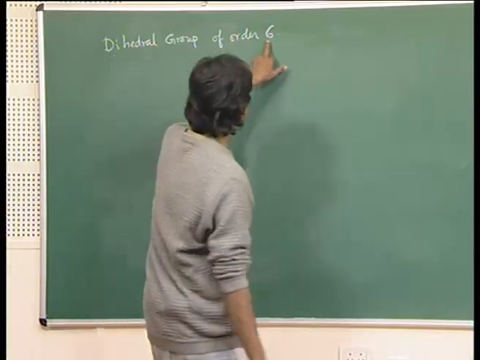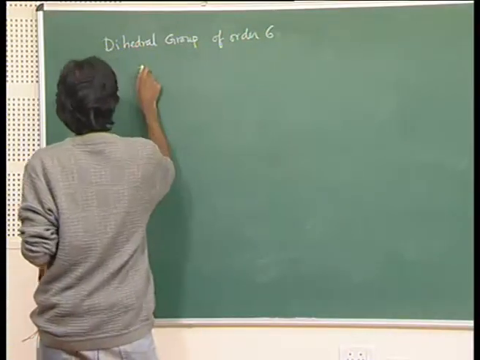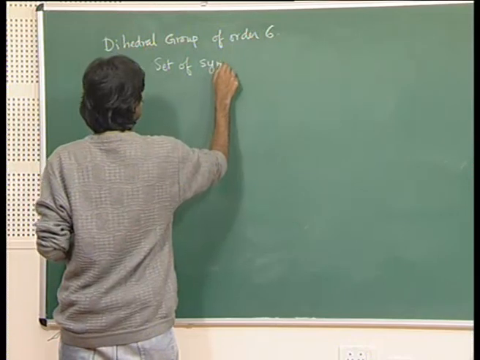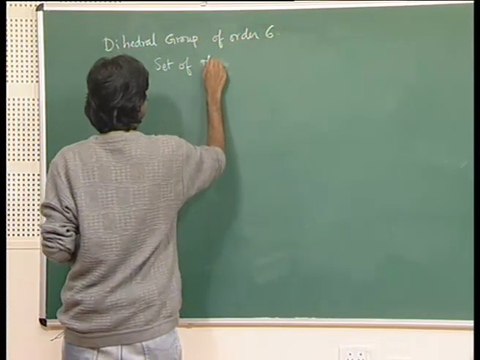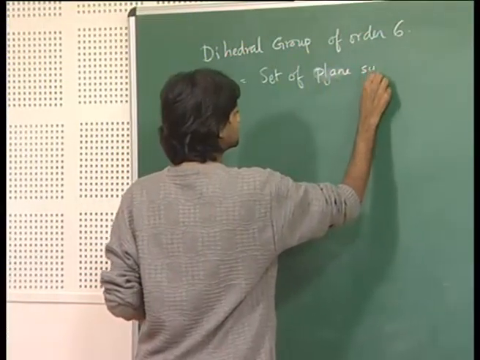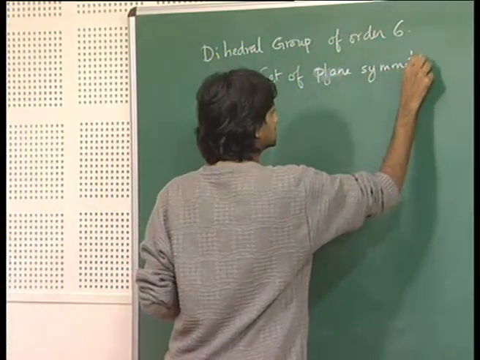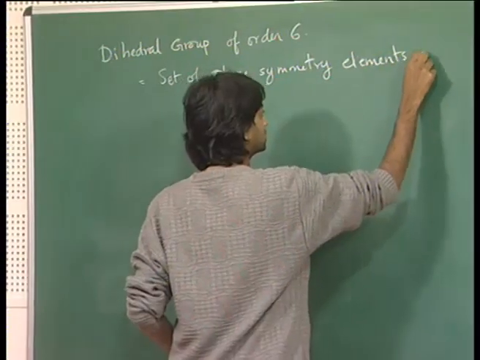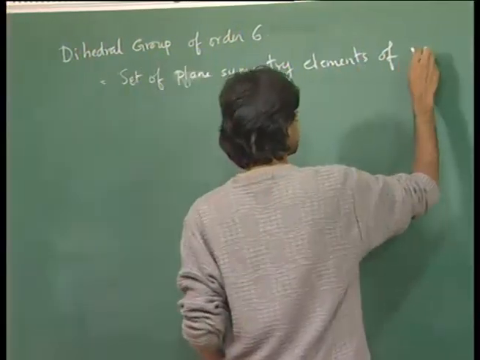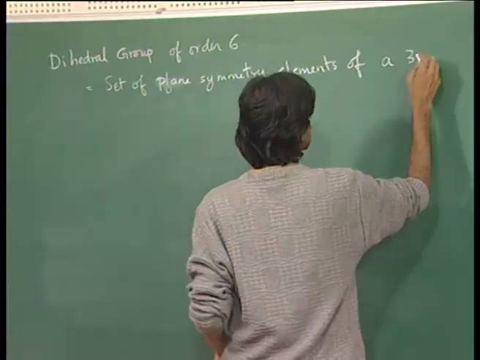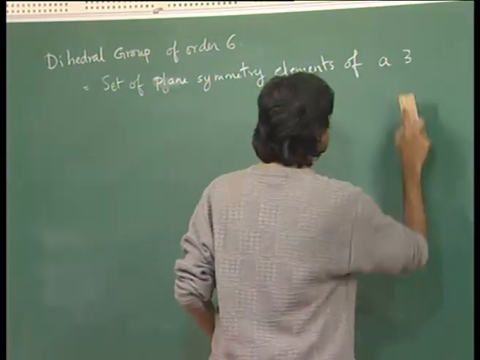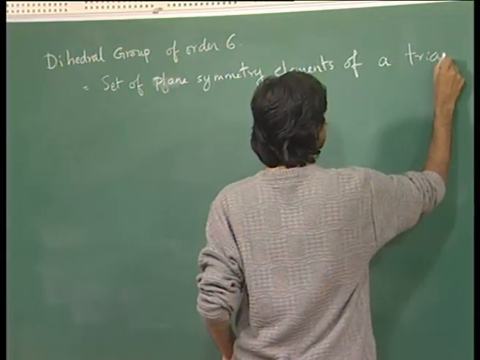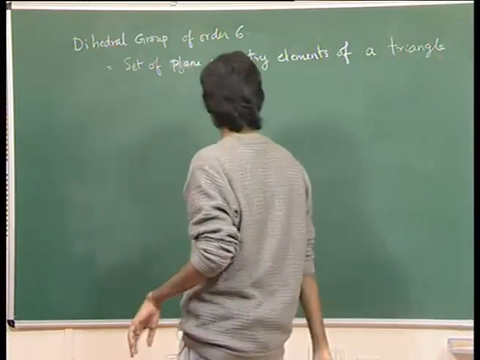This corresponds to the set of plane symmetry elements of a three-sided polygon, which is a triangle. Okay, of a regular triangle.